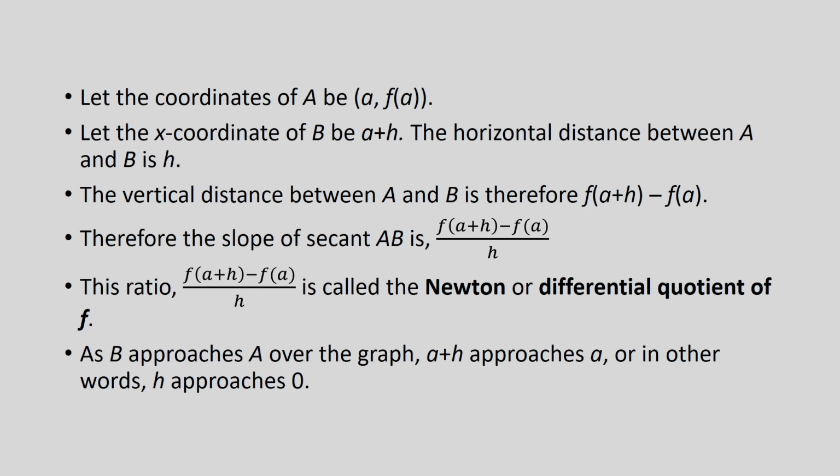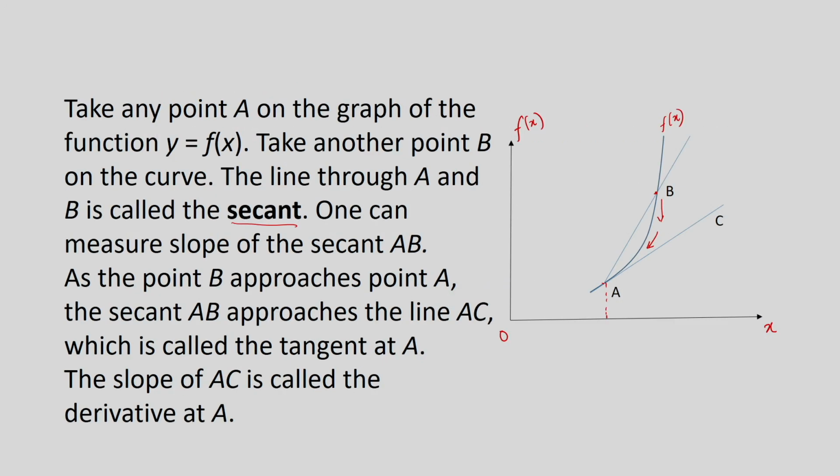So, f(a) will be the value of the function, and let the x coordinate of point B be a plus h, okay. h is a small number, and since A's x coordinate is a, and a plus h is the coordinate of B, that means that the horizontal distance between A and B is h.